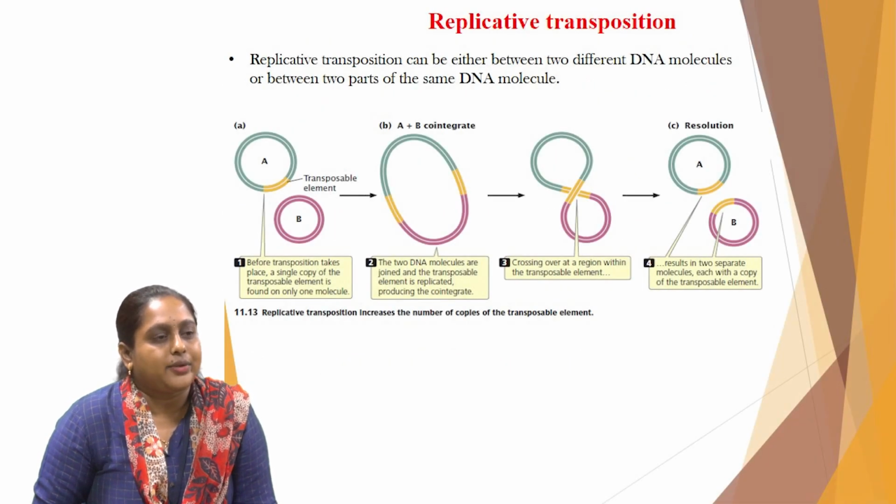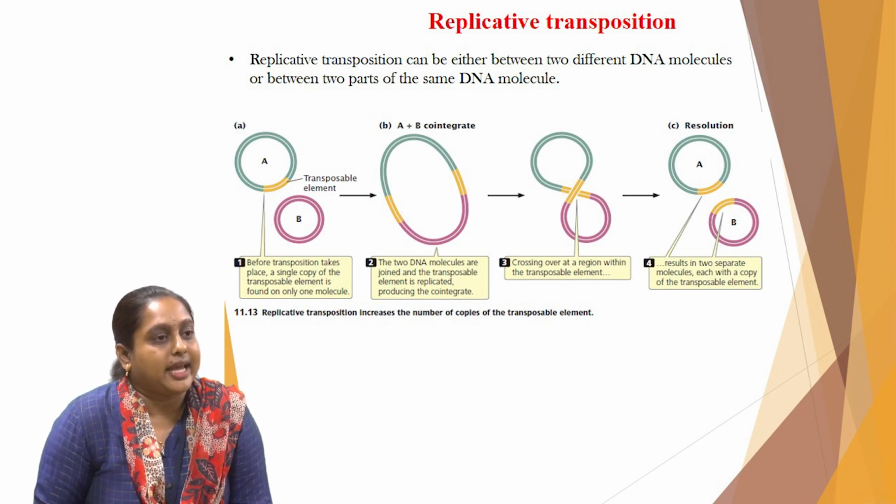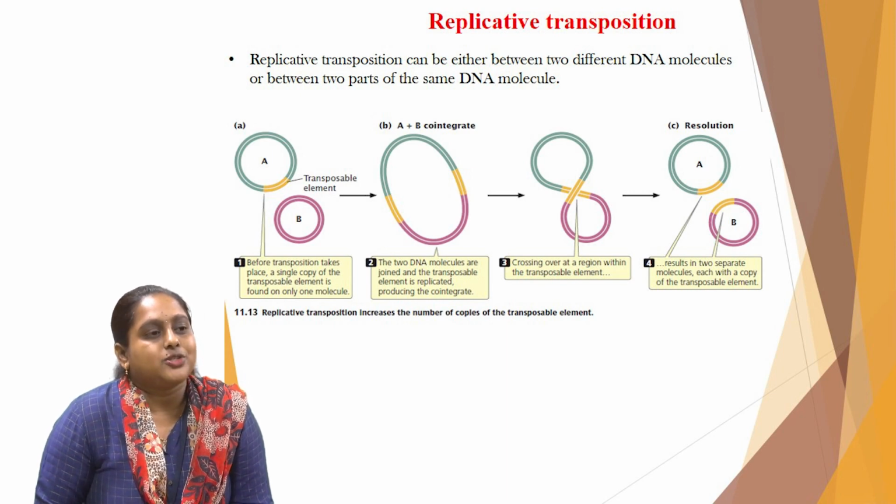Here you can see two DNA molecules, represented as A and B. The A molecule contains a transposable element. Before the transposition takes place, a single copy of the transposable element is found on only one molecule, that is A. Then in the next step, A and B get cointegrated, meaning the two DNA molecules are joined and the transposable element is allowed to replicate, producing a cointegrated molecule.